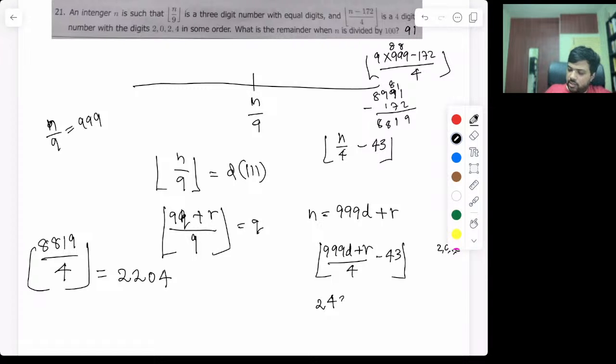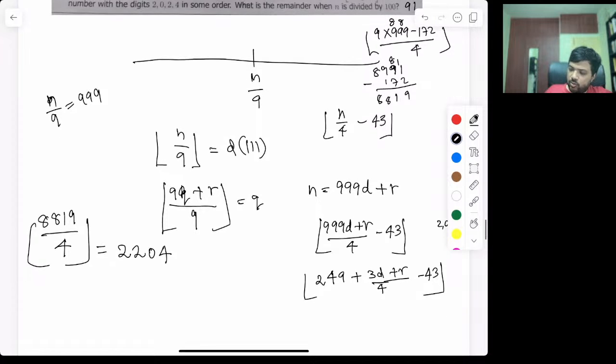Four 9s are 36 plus 3d by 4 minus 43 floor. This is 202r in some order. So it's like (206 + 3d + r)/4 floor is 2024 in some order.